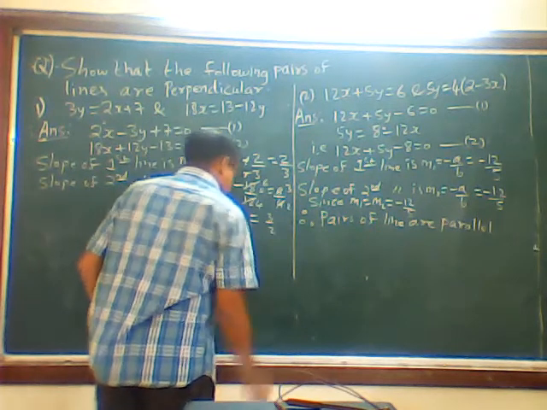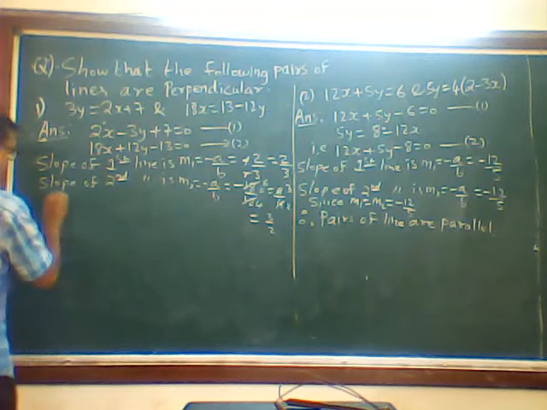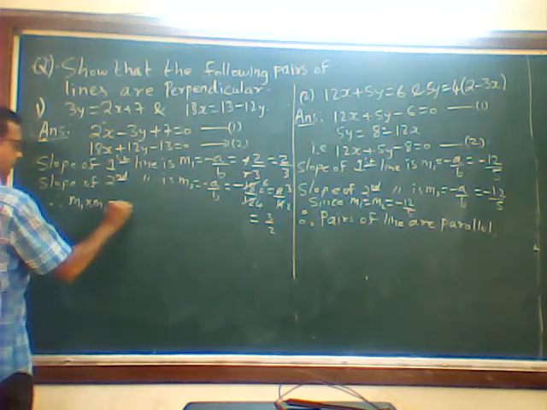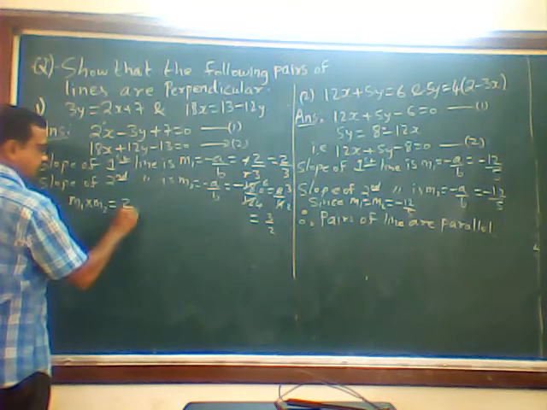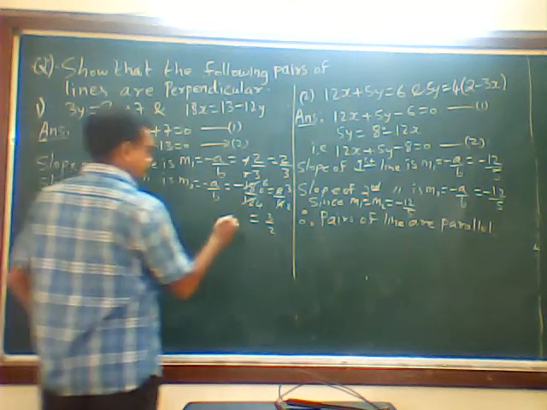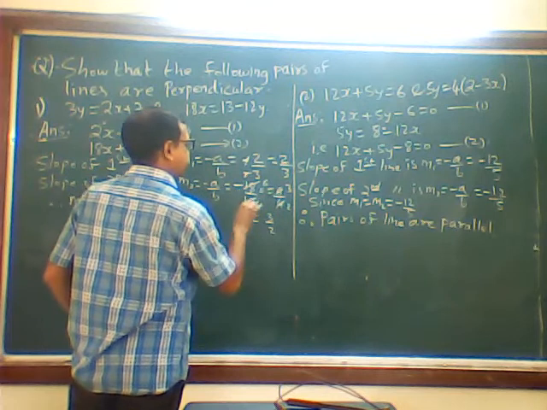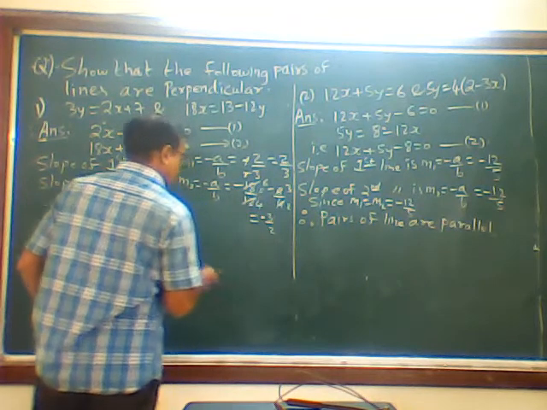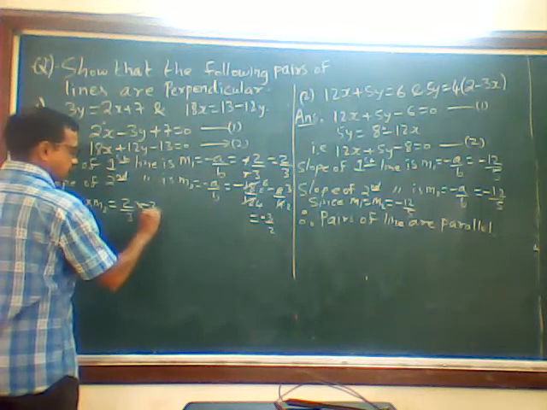3 by 2. Then I will say therefore m1 into m2 is equal to, what is m1? 2 by 3, multiplied by, where is that minus sign? The minus sign is there, right? Minus 3 by 2.